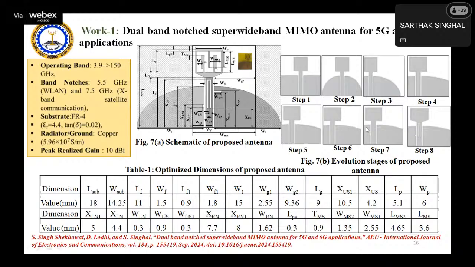This structure started from a simple square monopole antenna with a partial rectangular ground plane.